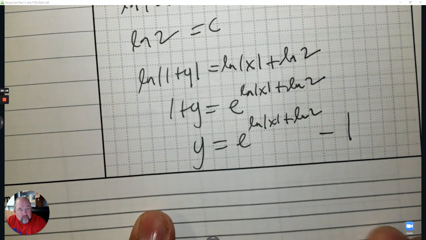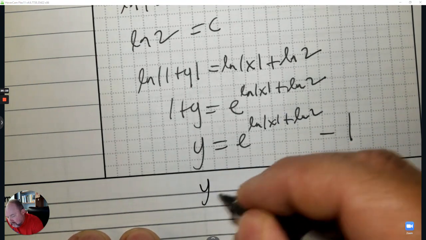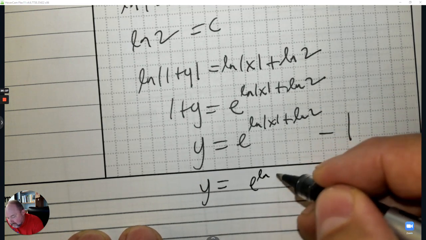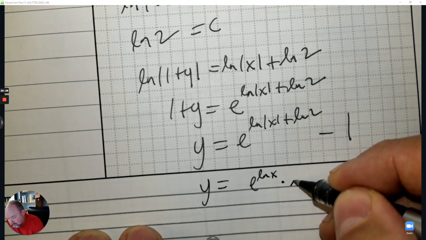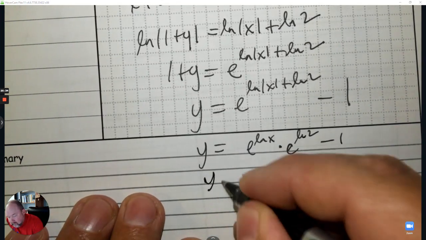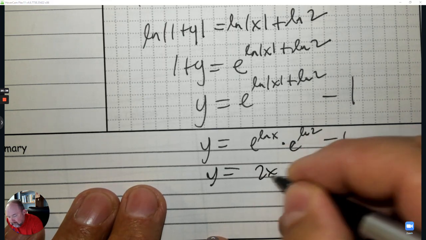And you have the answer. You could simplify this differently. Adding means you could multiply it. And e and ln cross out, and e and ln cross out, so it's just really 2x minus 1.